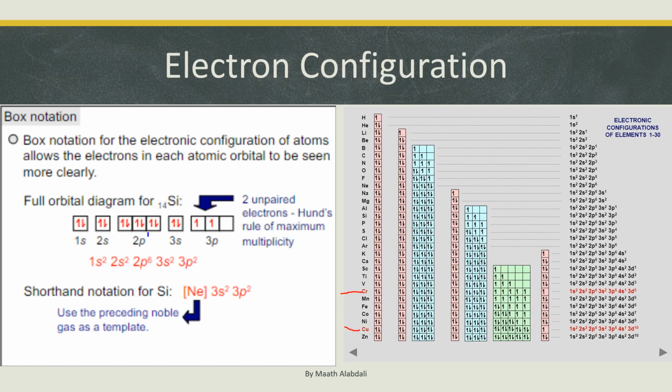And then copper, at the end, is going to be 4s1 and 3d10. So it's not going to be 4s2 3d9. Now if you ask me why, the answer is quantum mechanics. It's something to do with physics, which I'm not going to touch on in this video.